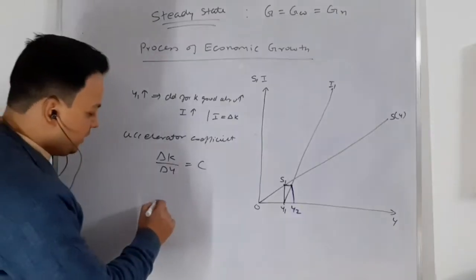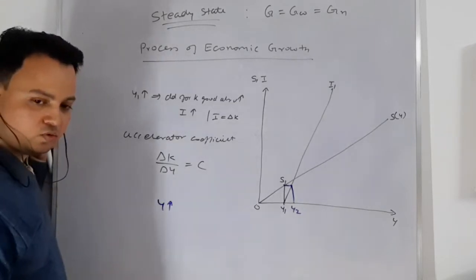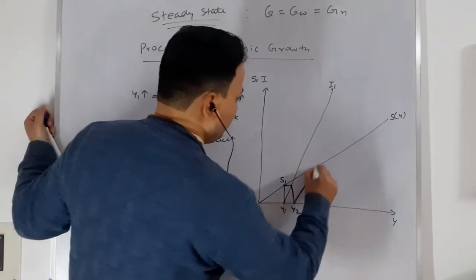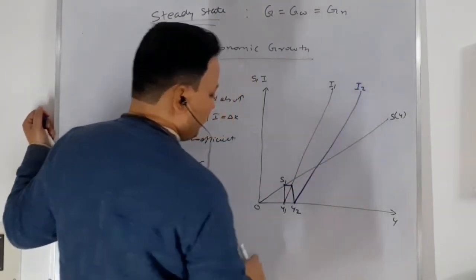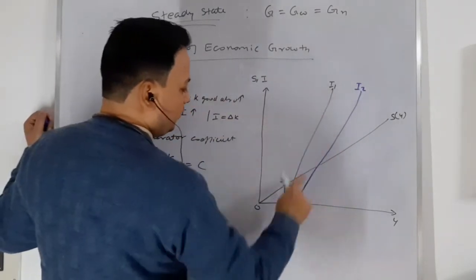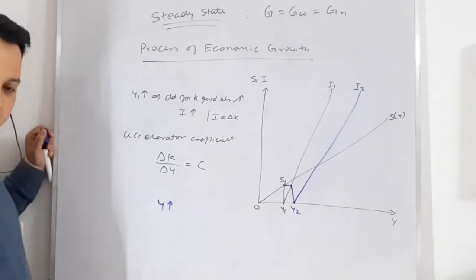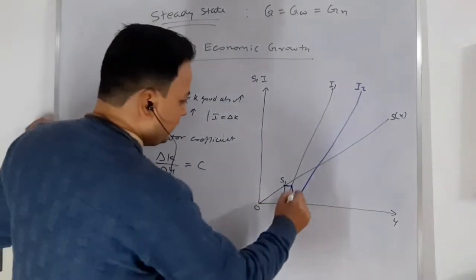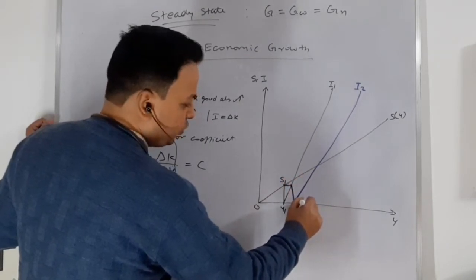So income increases, and again, when income increases, demand for capital goods will also increase, so your investment will increase from Y1, I1 to Y2, I2. Again, there will be saving, and that saving will be invested. Income increases to Y3.